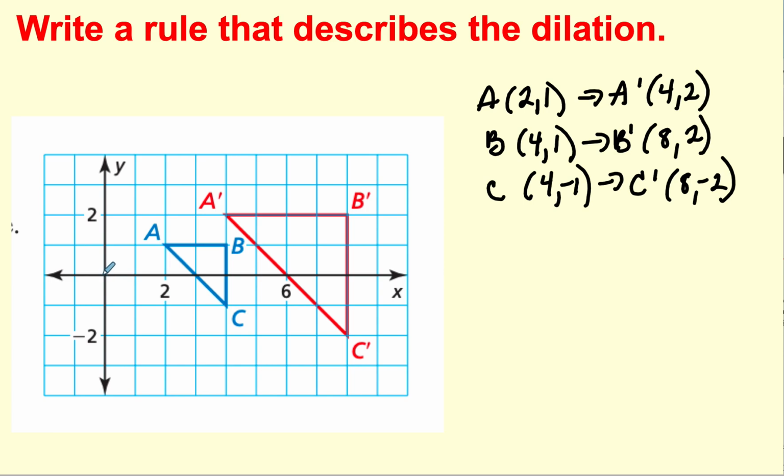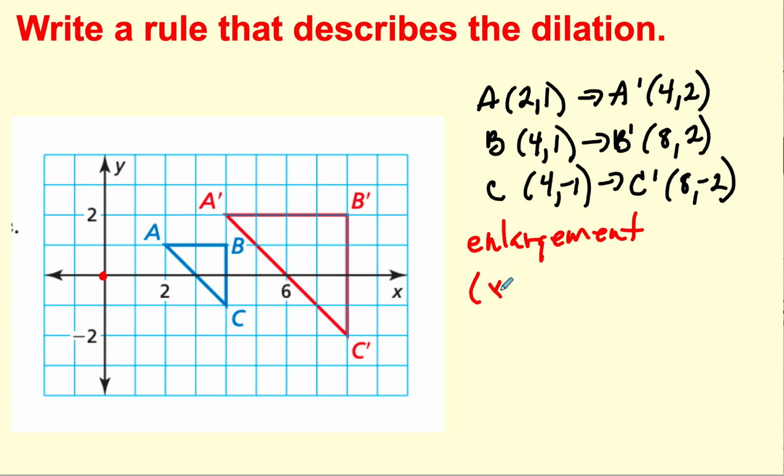Let's take a look and see if we can't find a rule that describes the dilation. And we again are doing dilations with center at the origin. So notice that as you go out, A wants to go farther and farther out, so this definitely is an enlargement. And so therefore I expect that a number that I'm multiplying will be bigger than 1.